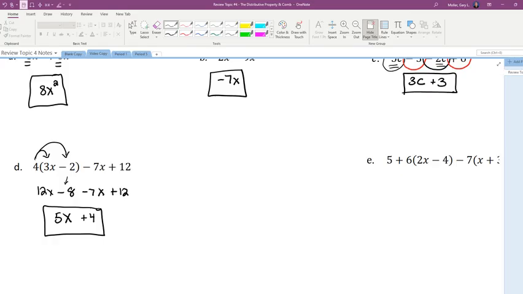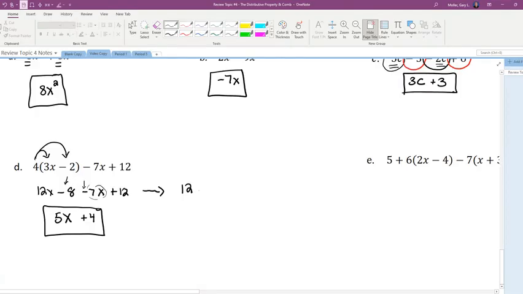All right. If you wanted to, you could rearrange it, as long as you move the signs with it. So, for example, if it helped you, you could put the like terms next to each other. If you wanted to rewrite this problem, you could write it as 12x, and then let's move the 7x next to it. But don't forget, the subtraction belongs to it.